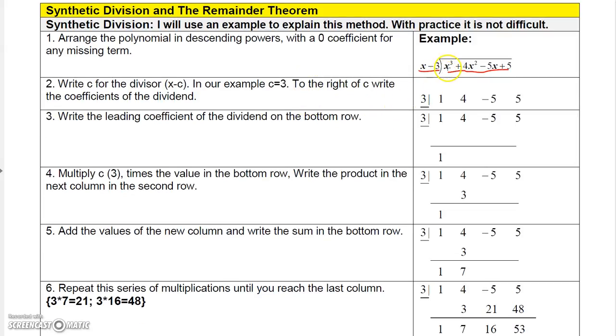To do synthetic division, it's only when you're dividing by x plus or minus a constant. If it's x minus a constant, you use the positive constant. If it's x plus the constant, you use the negative constant in synthetic division. Since we're dividing by x minus 3, we're going to use plus 3 out here to this side. And then we write the coefficients: 1, 4, negative 5, and 5.